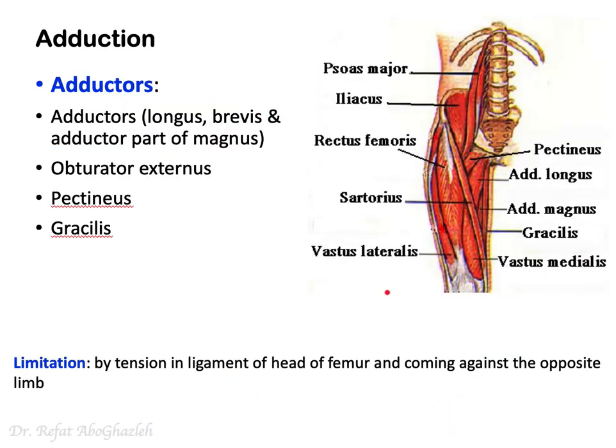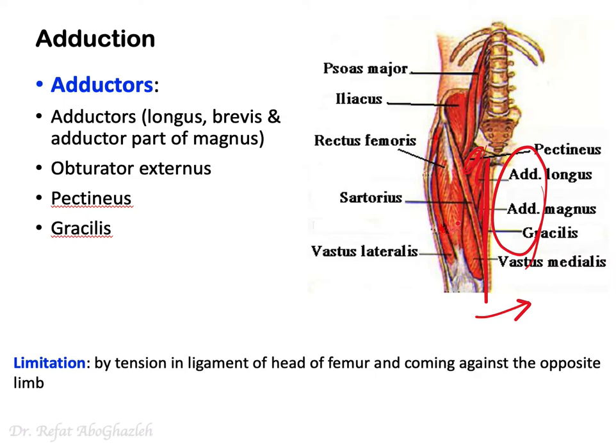So adduction: move your thigh close to the midline. Usually adduction is made by the adductor muscles. Here, adductor longus, adductor magnus, adductor brevis, which is not shown here, and you can also perform it by the pectineus muscle and gracilis here medially.